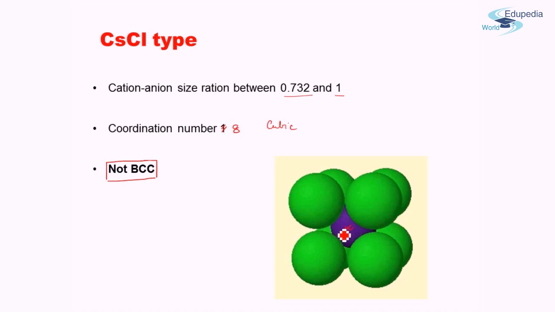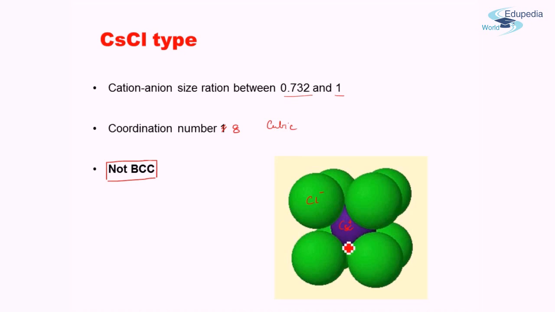It's not body centered cubic because the central body centered atom is not the same as the corner atoms. For a body centered cubic, the body center and the corner atoms should be the same. So this is my cesium chloride type of structure in which chlorine lies at the corners, cesium lies at the center.